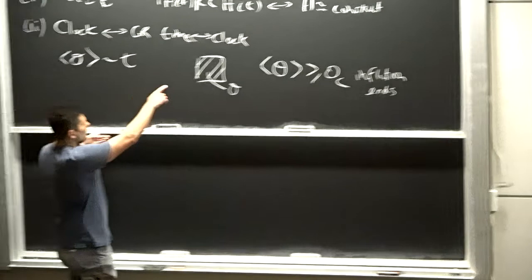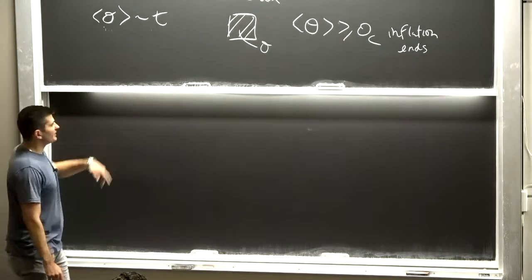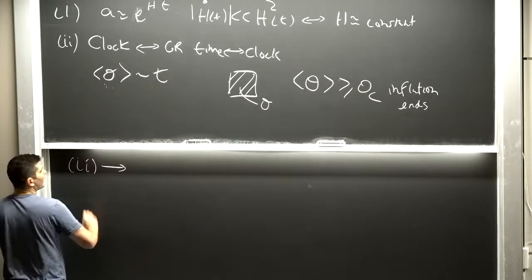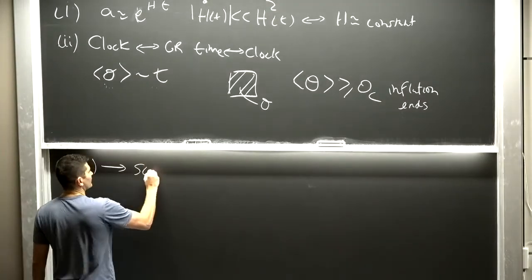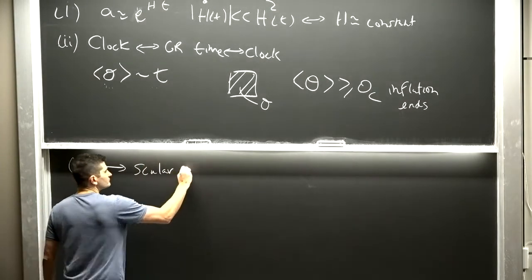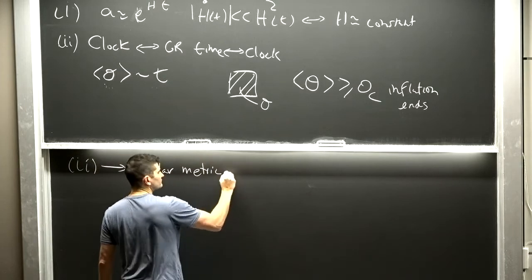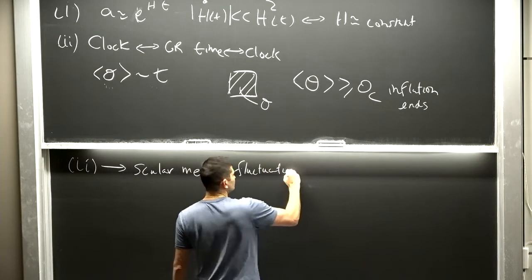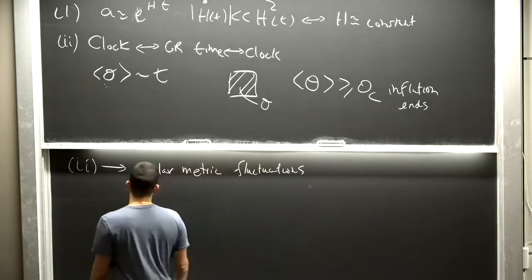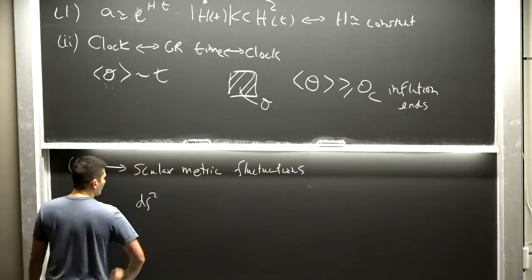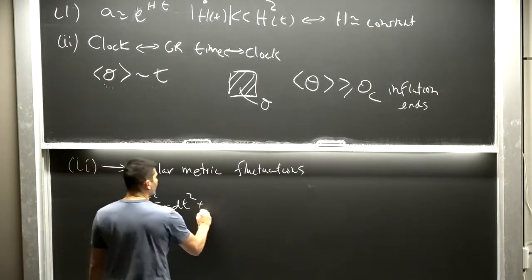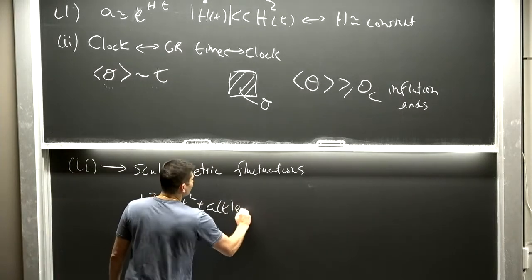Now, the consequence of the second condition is that the second condition implies that there are scalar metric fluctuations. Okay, and the way to see that is we're just going to imagine that, let's say there weren't scalar metric fluctuations, but we're just going to see what happens.